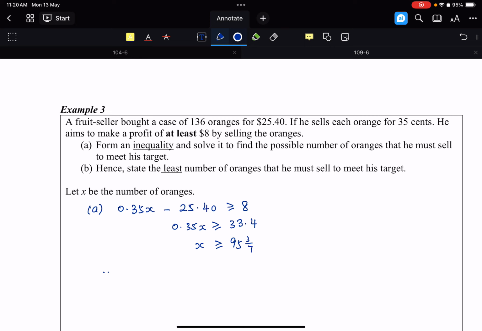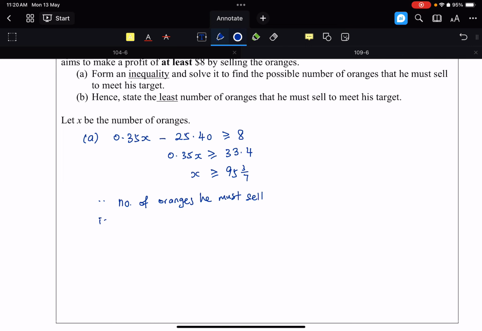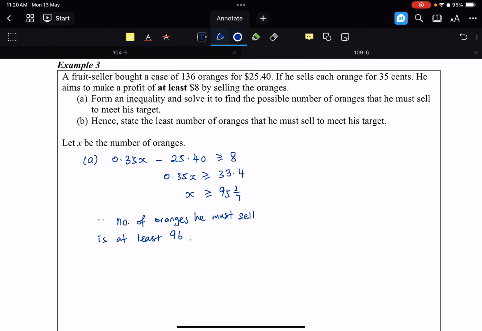So therefore, the number of oranges he must sell is at least 96. That's the number of oranges you must sell. Okay, so that's part A.